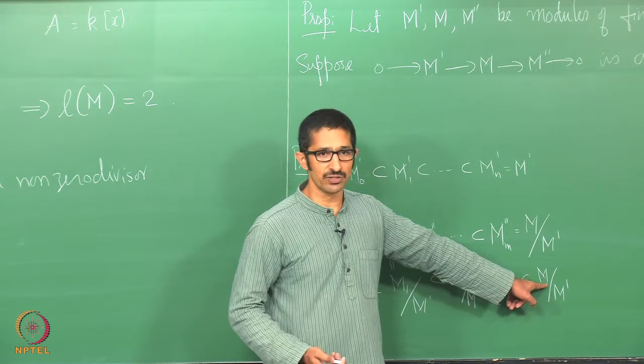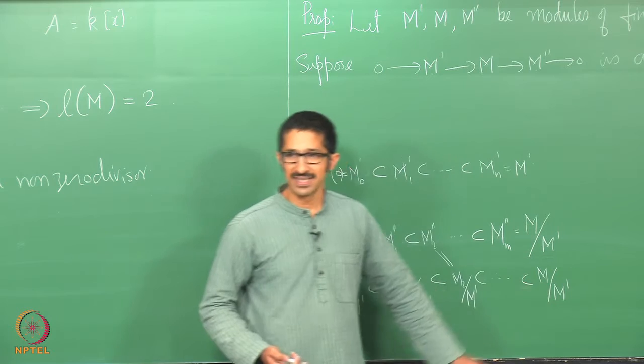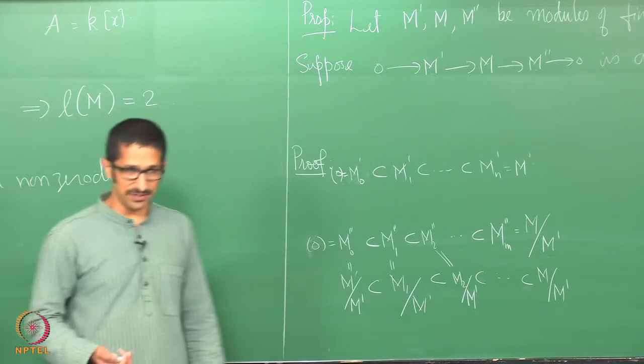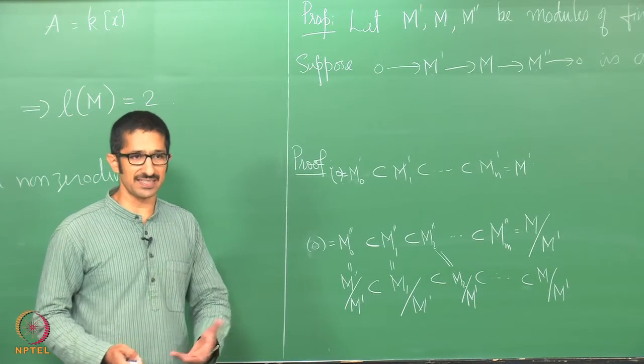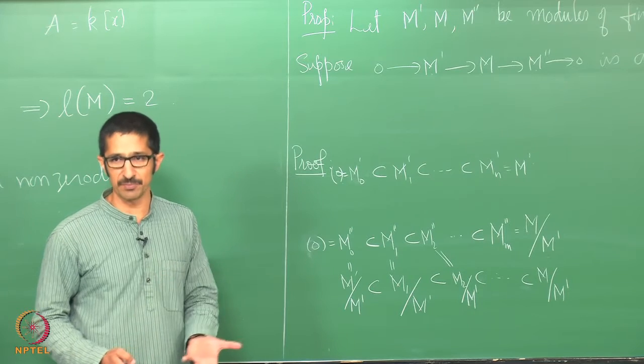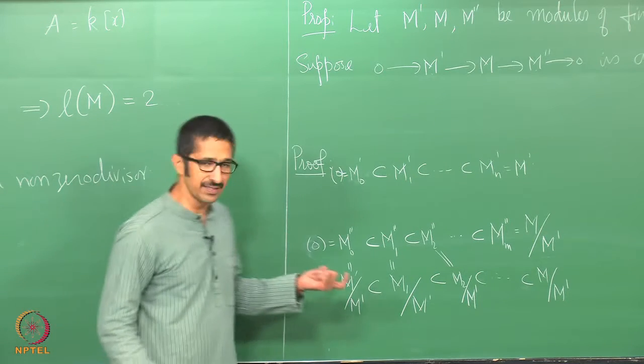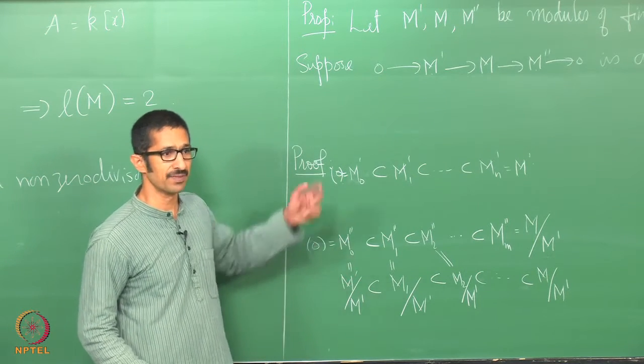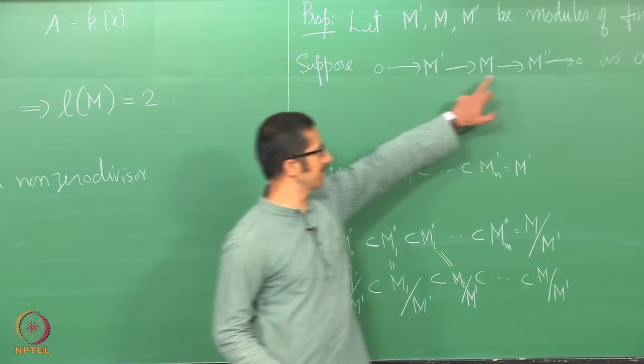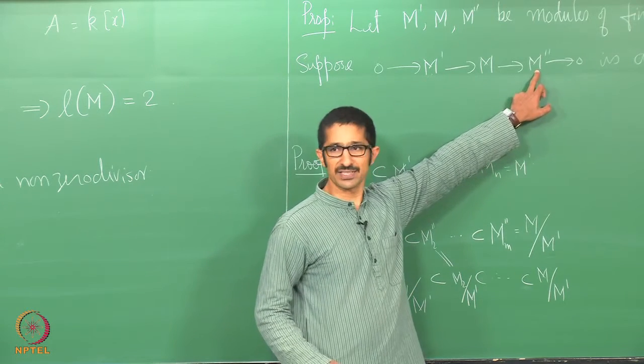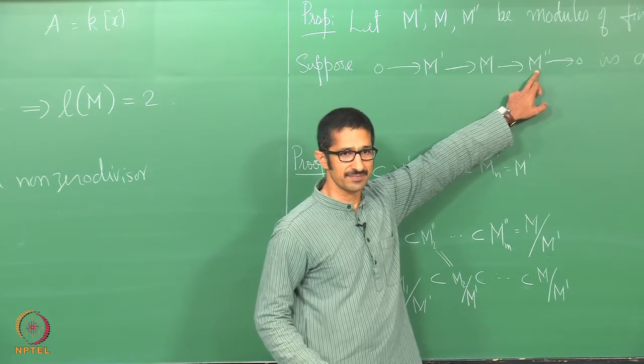So what have we shown? The length of a composition series is called the length of the module itself. So the length of M is equal to the length of M prime plus the length of M double prime.